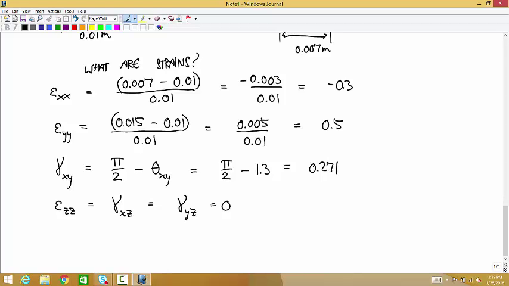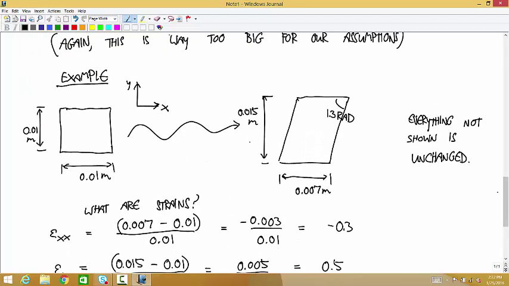If you go back to your picture, we have the height 0.015 meters, but that doesn't mean that it's the length of the stress. Yeah, that's a good question. That's the kind of thing we would have to worry about if we weren't talking about very small deformations.